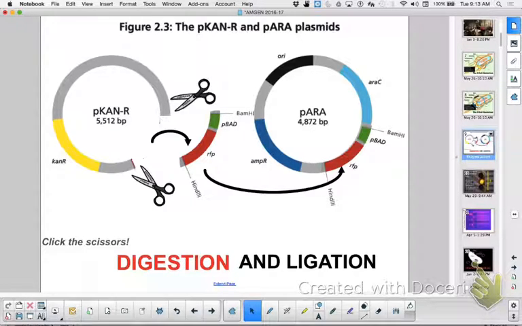Okay, so lab 1, you're reviewing, learning the tools, the micropipette and gel electrophoresis, just to review that today. Lab 2, you digest pGLO and pARA using the enzymes. Cut both plasmids. Ligation, you're going to build pARA-R. This is our new plasmid, combining fragments from pGLO and pARA to form a new plasmid.